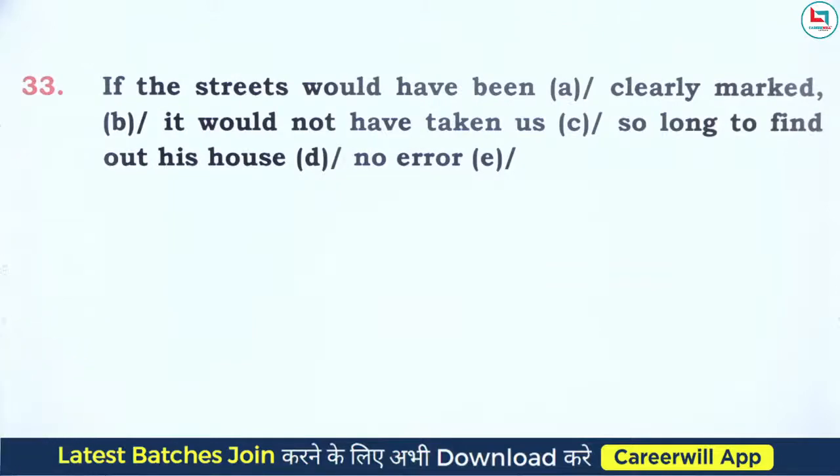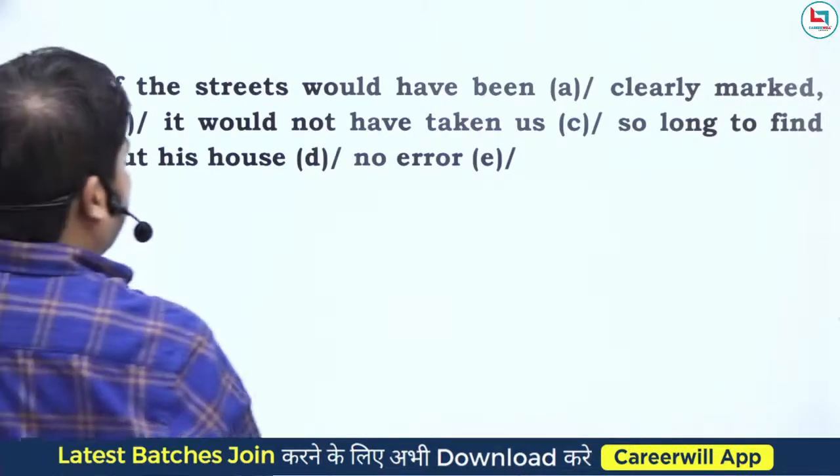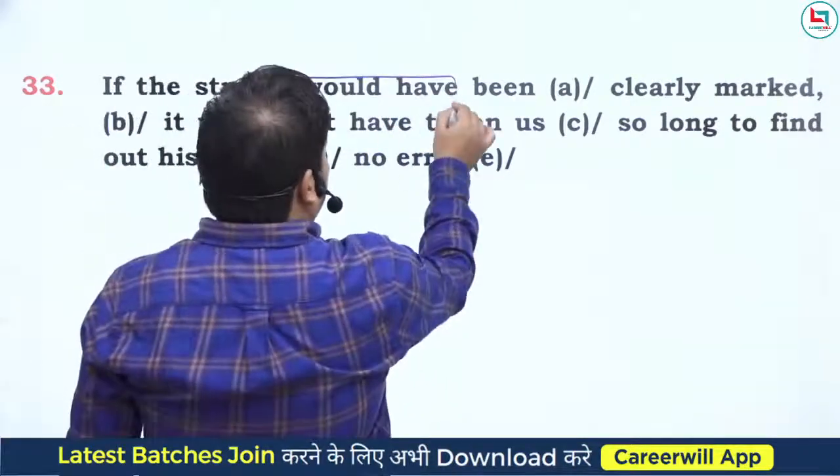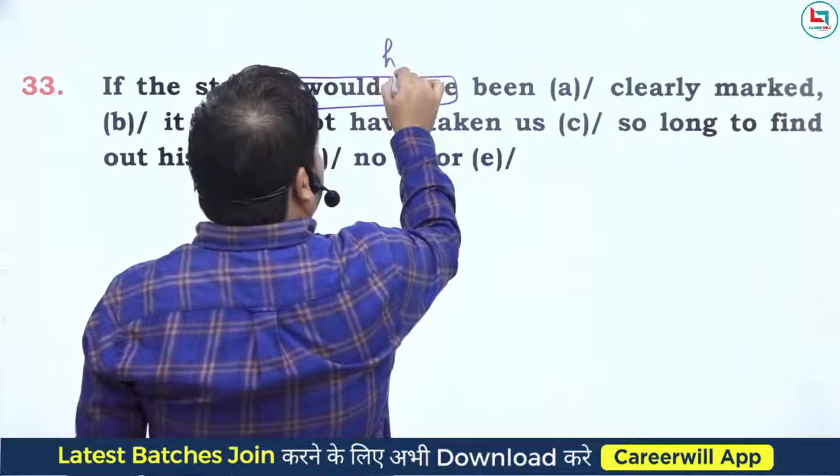If the streets would have been clearly marked, it would not have taken us so long to find out his home. If the streets would have been clearly marked, that is incorrect. The if clause will not take "would have been."